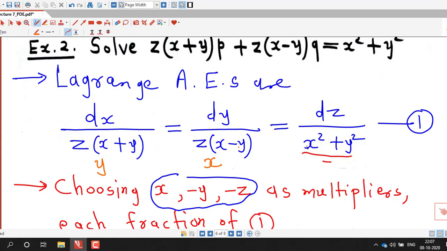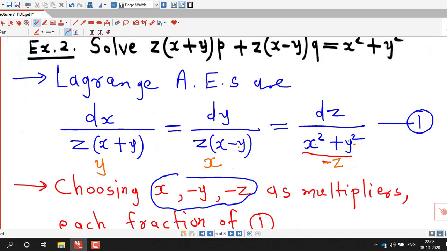Here y square is there, so I must multiply this by minus z. If I consider multiplication of this with y, I will have z into y square, so that will cancel out minus z into y square.